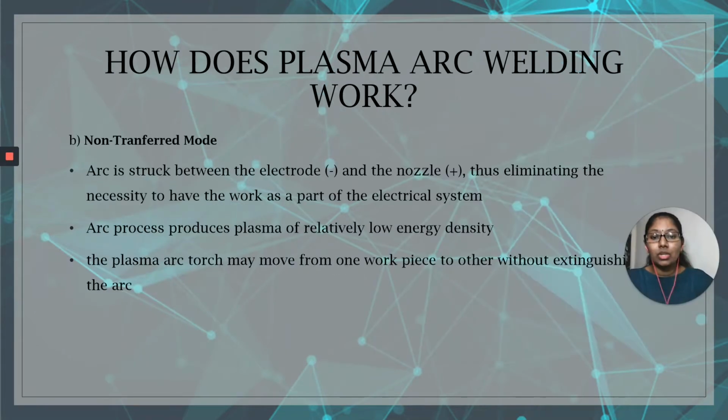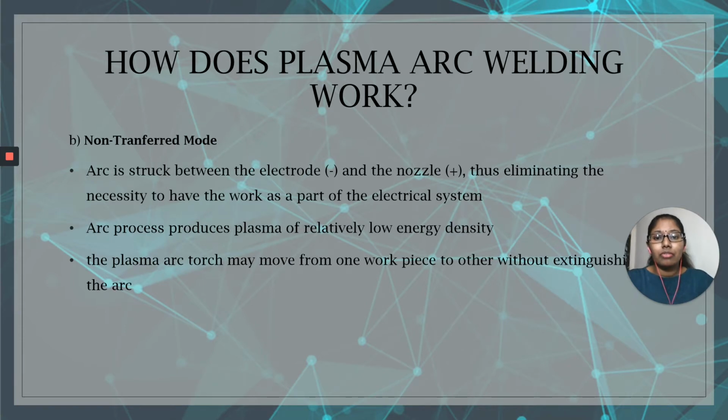In the non-transferred mode, the arc is struck between the electrode negative and the nozzle positive, thus eliminating the necessity to have the work as a part of the electrical system. The workpiece is not part of the electrical circuit and heat is obtained from the plasma jet.